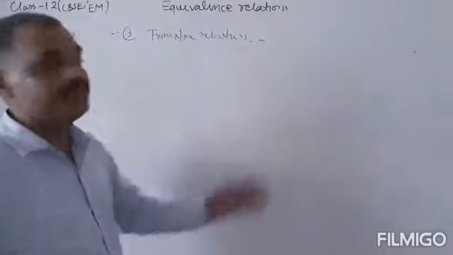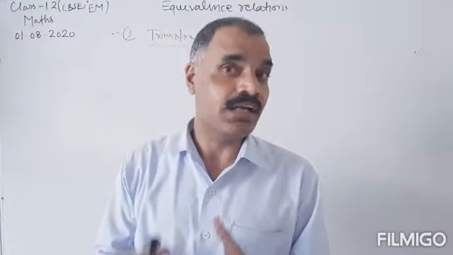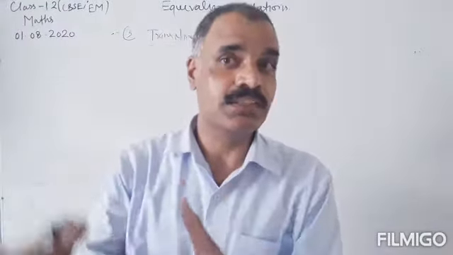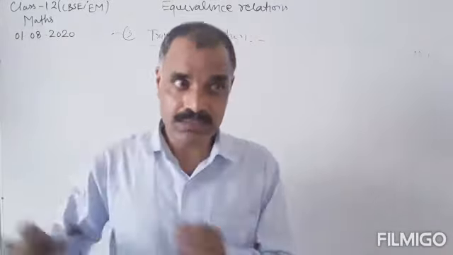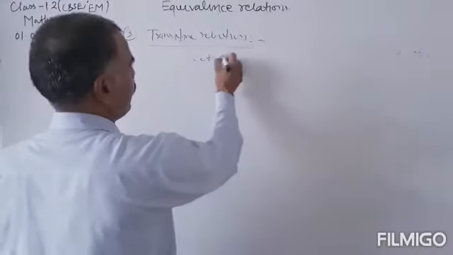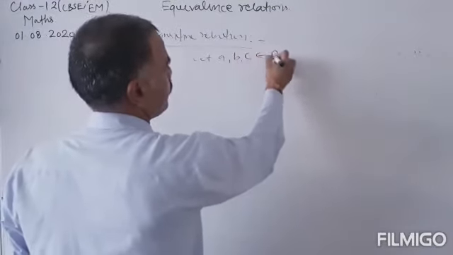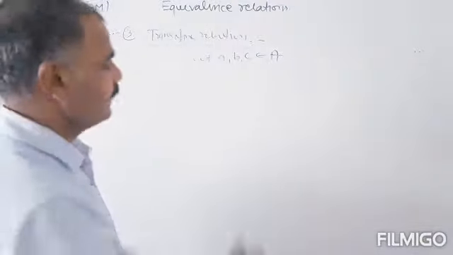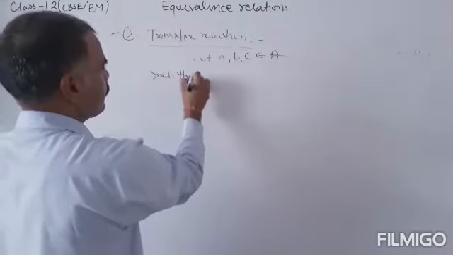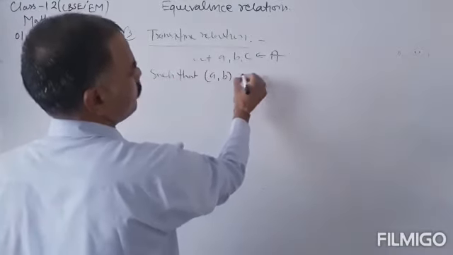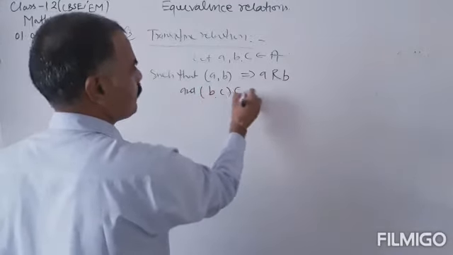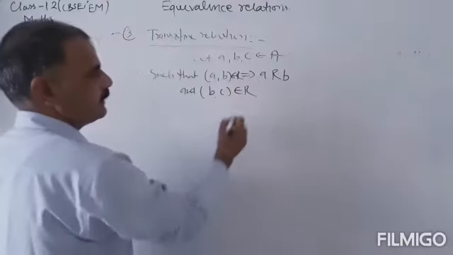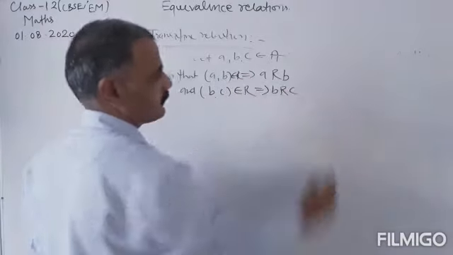Transitive relation. As the name indicates, transit means to go from one to second and second to third. It is the transition, and the transitive relation is made from this concept. So let a, b and c belong to set A. These are three elements belonging to set A such that (a, b) belongs to R, it means a is related to b, and (b, c) also belongs to R, it means b is related to c.